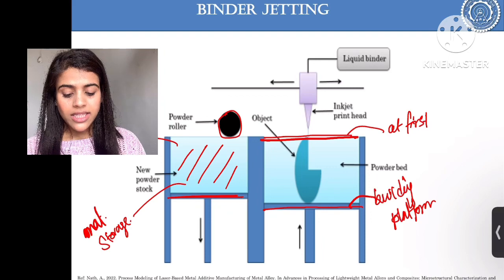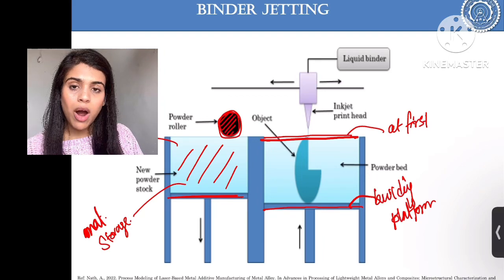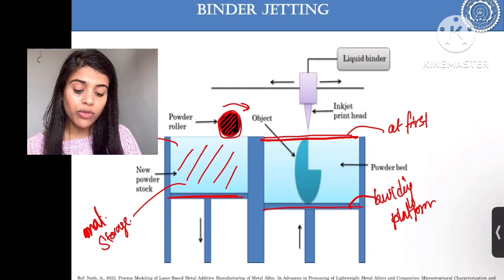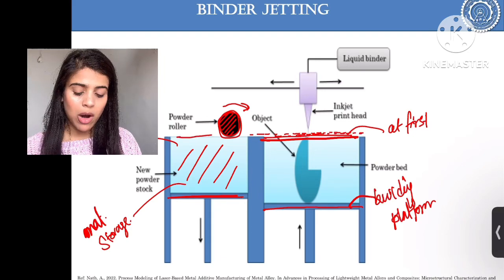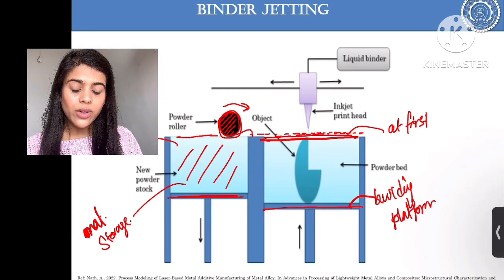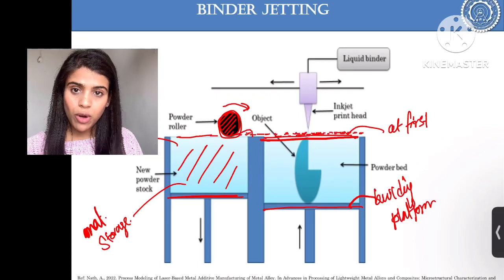First, this roller is used to carry a particular amount of powder, which will be spread over this platform. So at the first stage, this platform is at the uppermost position. This powder roller will carry a certain level of powder and spread it over the build plate uniformly.